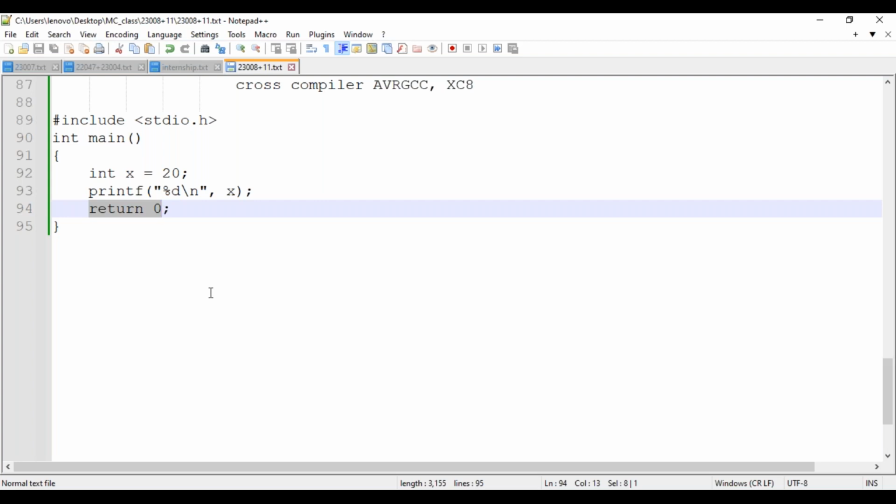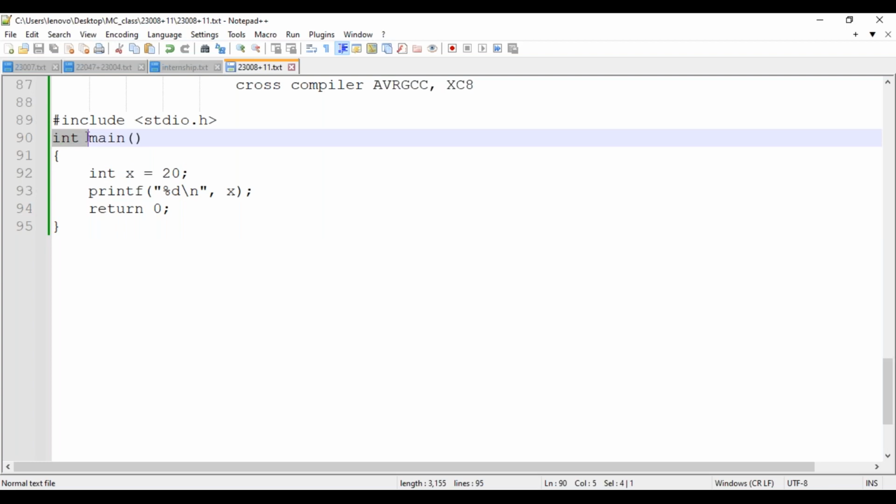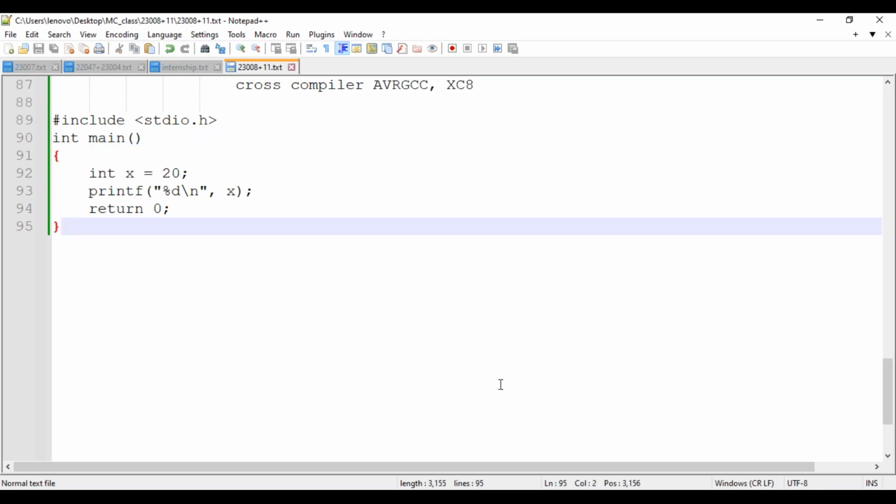Now the question is, while designing an embedded system, do you think there is an operating system involved? Yes. Are you very sure with yes? Okay, now please understand, no, an operating system is not always necessary.